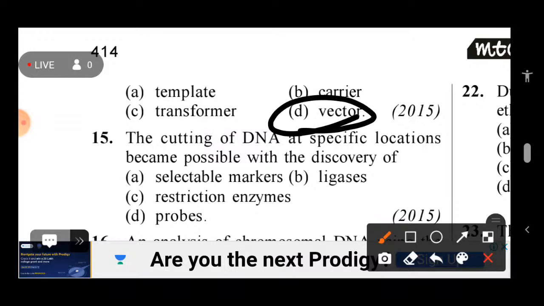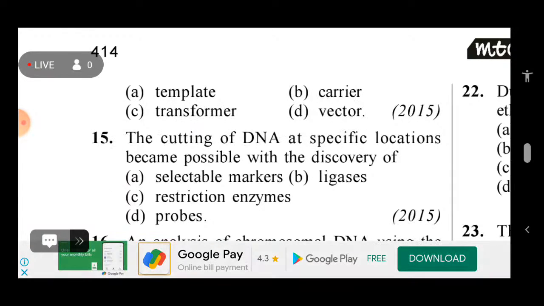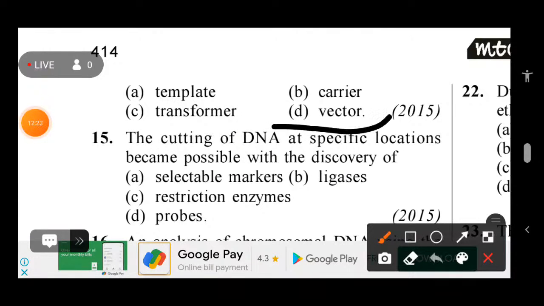This vector DNA and the foreign DNA carrying the gene of interest are cut by the same endonuclease enzyme. So while cutting with the endonuclease enzyme, these two produce sticky ends, not blunt ends. It can be the enzymes SalI, XhoI, HindIII, because we already saw in question number 9. So in 14th question, the correct answer is vector.